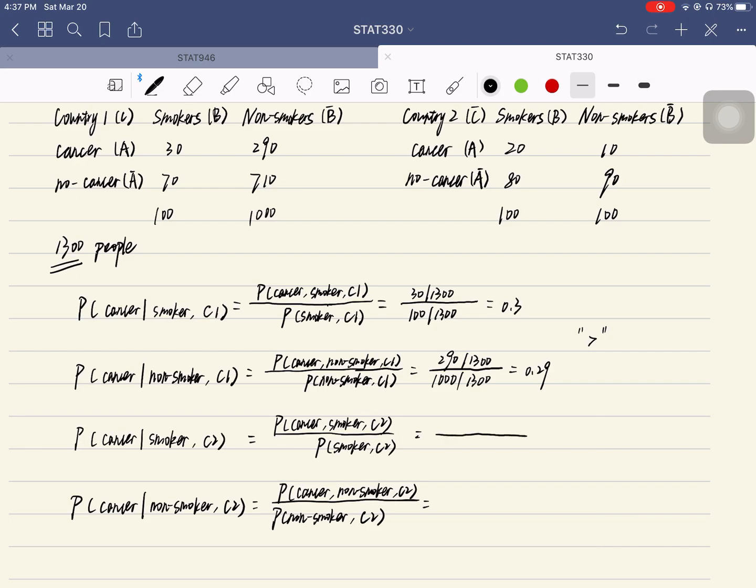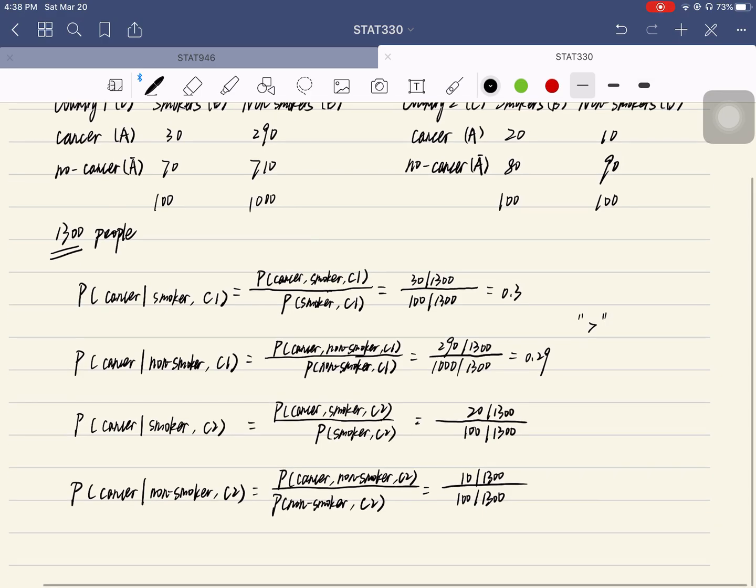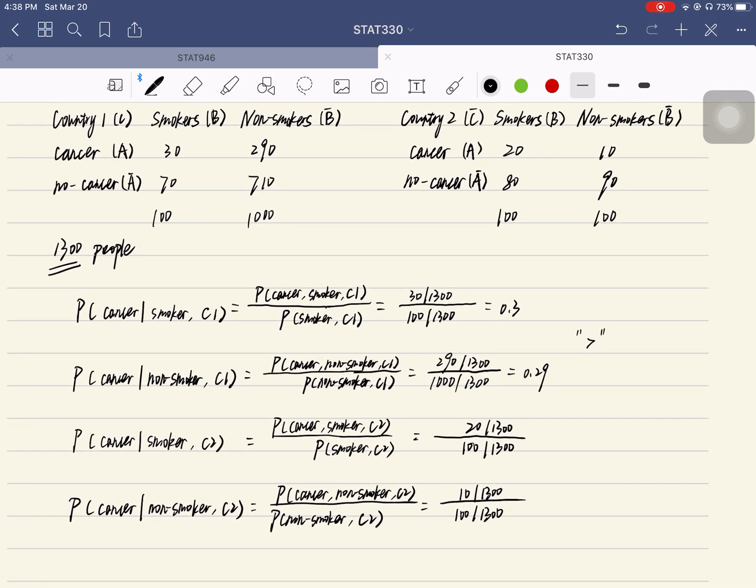So the denominator should be 1300, not 1100 or 200, since C2 and C1 are the events in the probability.